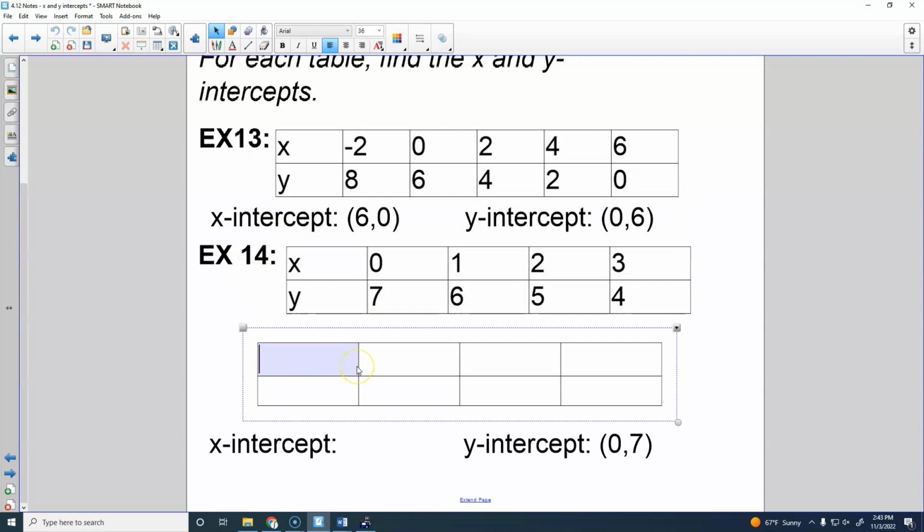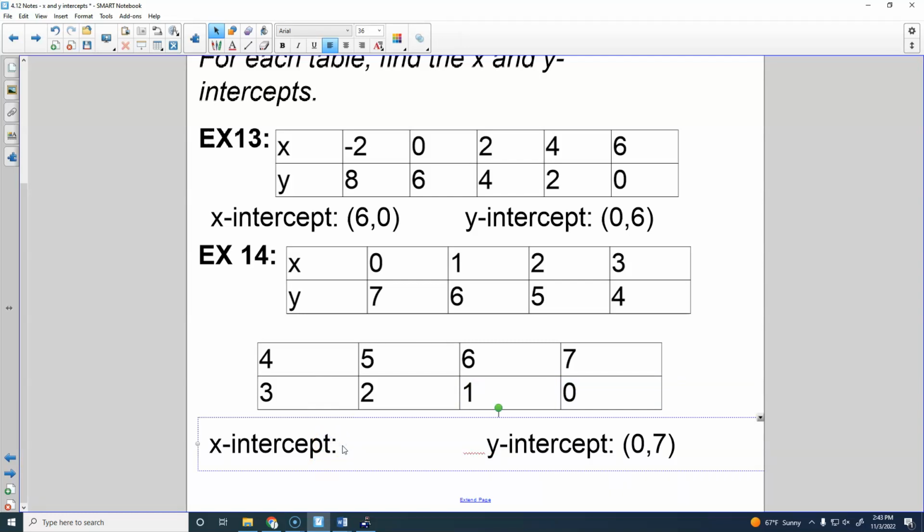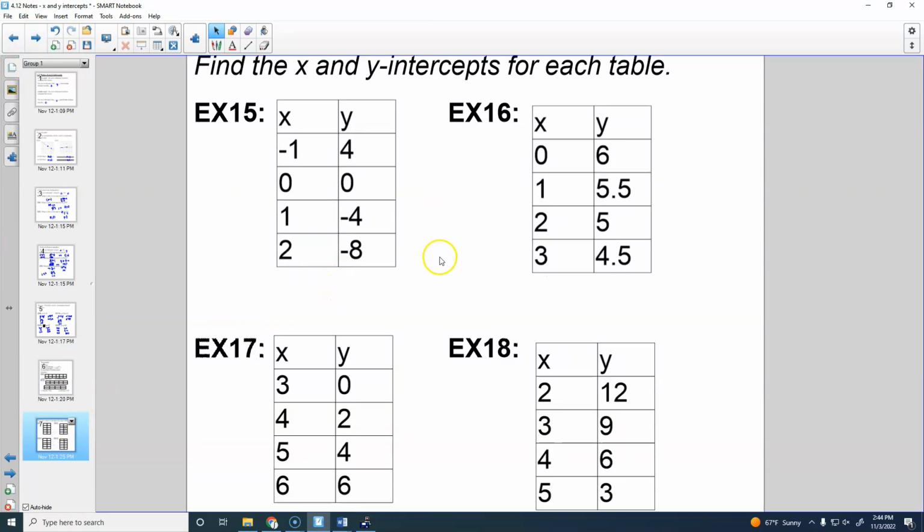I would have 4, 5, 6, 7, and then this would be 3, 2, 1, 0, right there. So what is my x-intercept? 7, 0. These are not the best examples because they end up being the same number in both cases. That definitely does not happen all the time. That just happened to be the numbers picked. Okay, questions? All right, try these on your own.